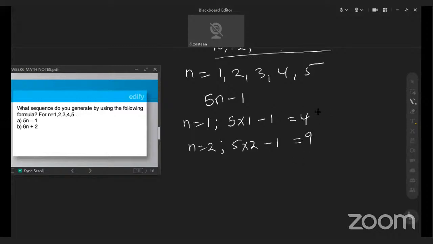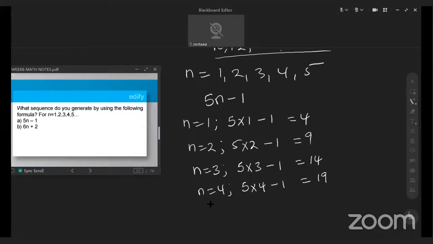Please confirm these answers. For n equals 3, it will be 5 times 3 minus 1, which is 14. For n equals 4, we shall have 5 times 4 minus 1, which is 19.